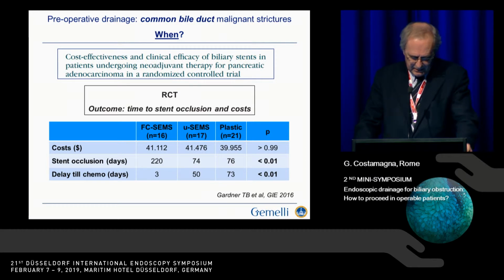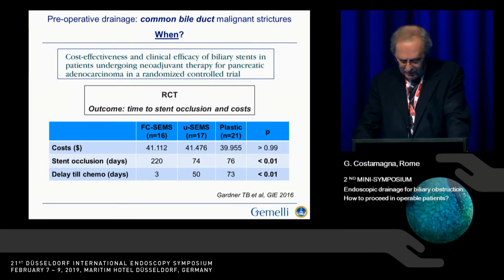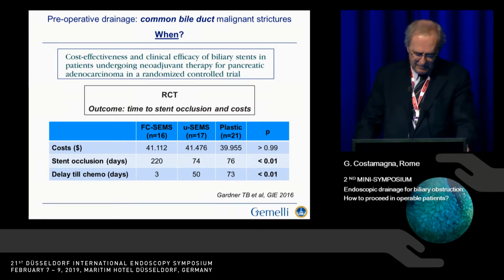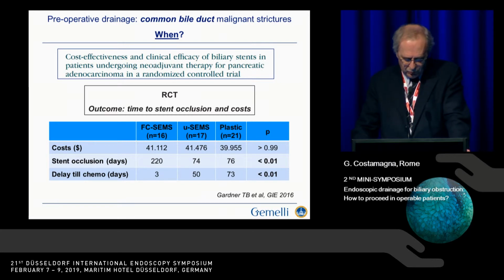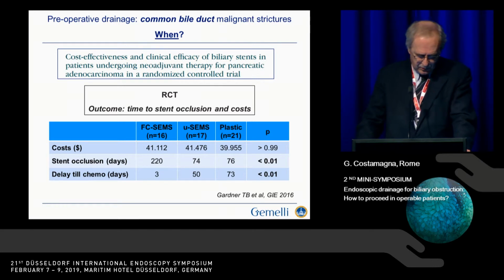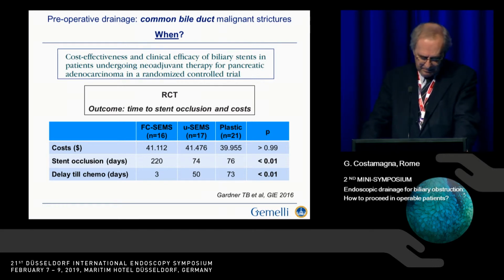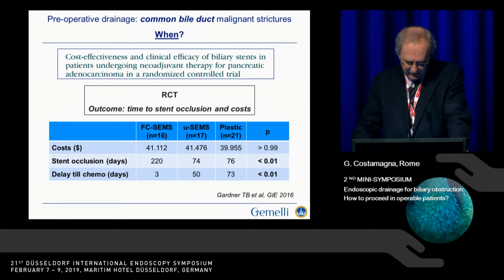And as you can see here, the numbers are very small, but the difference is quite significant. And the results of the study indicate that a fully covered metal stent should be the best option compared to uncovered metal stent or to plastic stent, because it reduces the delay till chemotherapy in a significant way.